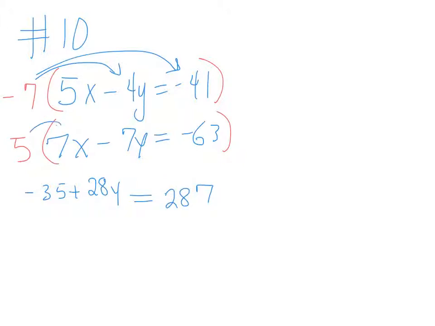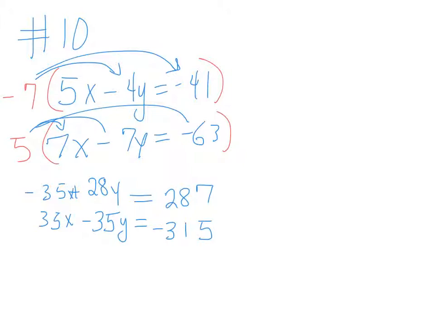On the second equation, when you distribute, you're going to have, the top is 35x minus 35y equals 5 times 63. 3 times 5 is 15, carry 1, 30, and 1 is 31. That's negative. Then we're going to combine the like terms.